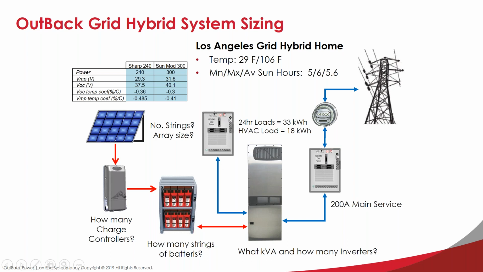We have some batteries. We have something called a charge controller, which is a DC to DC converter that regulates and controls the voltage and current coming off the PV array. And then we have to figure out which module we should use and what configuration, and that's the main purpose of the string sizing tool.